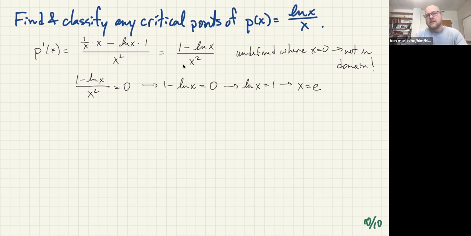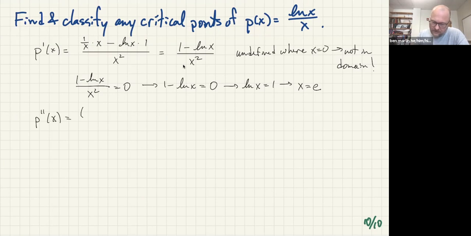But if ln x is equal to 1, you take the exponential on both sides and then get your x is equal to e to the 1, or just e. All right, now that we have that, we're going to have p double prime of x. So we're going to have to do the quotient rule again, right? So we take the derivative of the top.